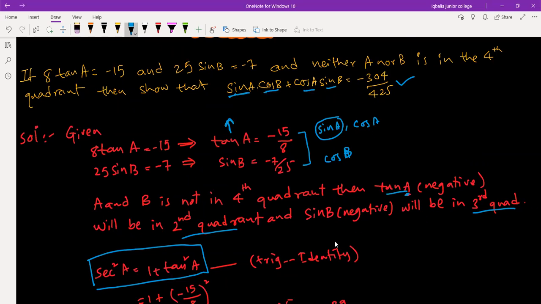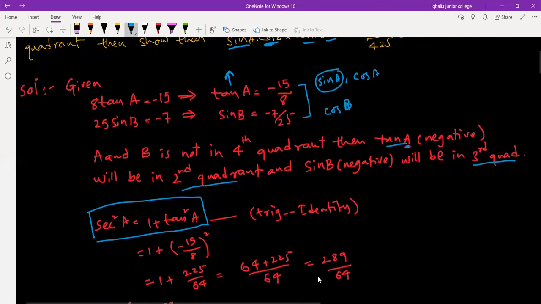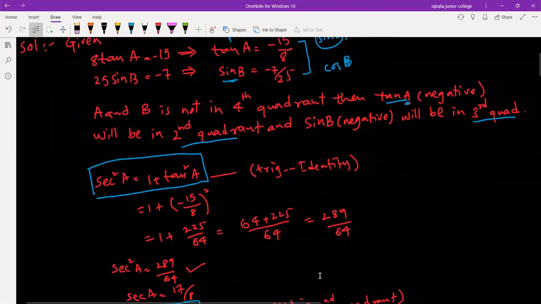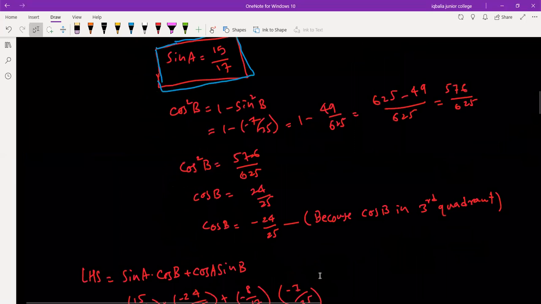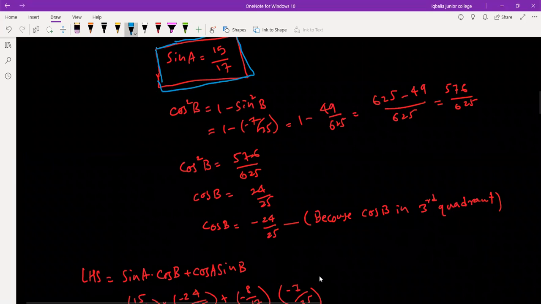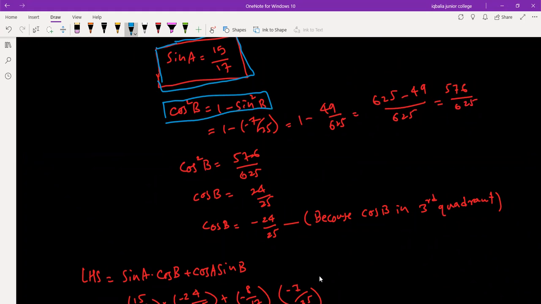Now here we have to find only cos B. So for finding cos B, I'm going to use sin B. Sin B is nothing but, okay, here we have the trigonometry identity. From the identity I know sin B is nothing but 7 by 25.